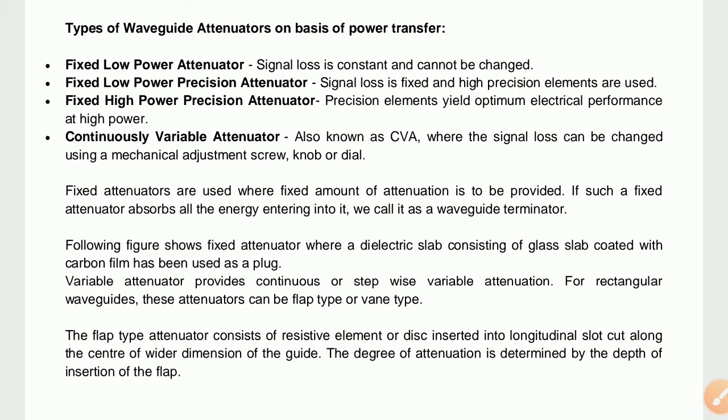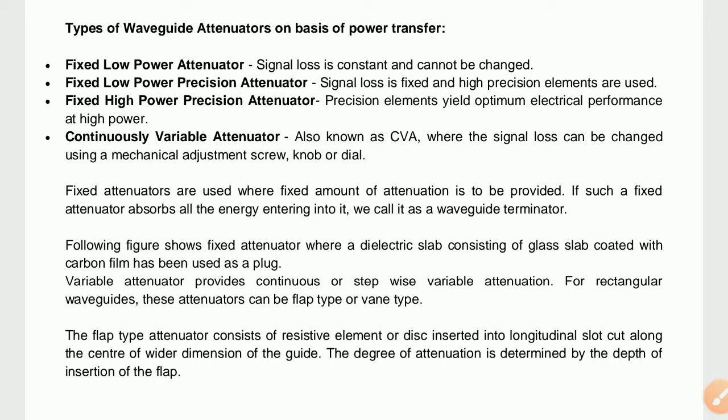Fixed attenuators are used where a fixed amount of attenuation is to be provided. If such a fixed attenuator absorbs all energy entering into it, we call it a waveguide terminator. We have already learned this in the previous session, in the isolators and circulators, where one port is terminated with a matched termination.